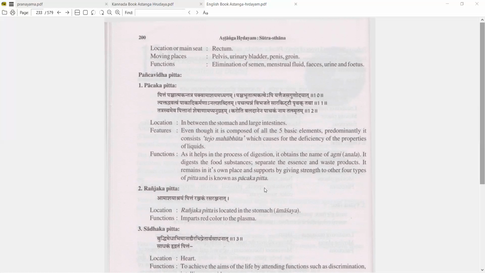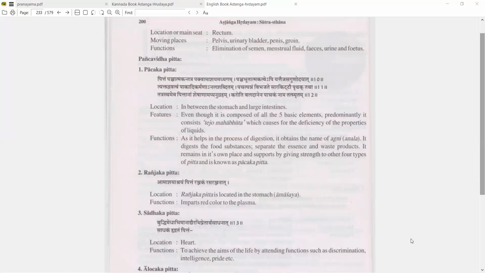Functions: as it helps in the process of digestion, it obtains the name of Agni or Anala. It digests the food substances, separates the essence and waste products. It remains in its own place and supports the other 4 types of Pitta by giving strength, and is known as Pachaka Pitta.